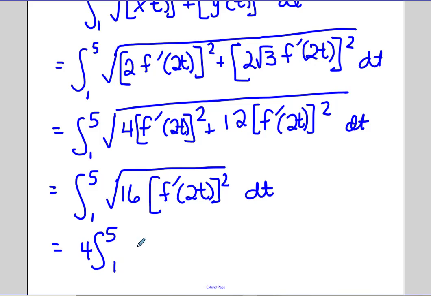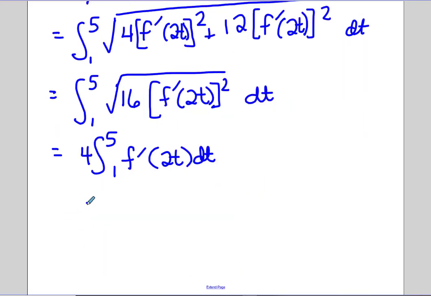And the radical cancels the square, so f prime of 2t dt. So we've got 4 times 1/2 f of 2t, evaluated from 1 to 5.